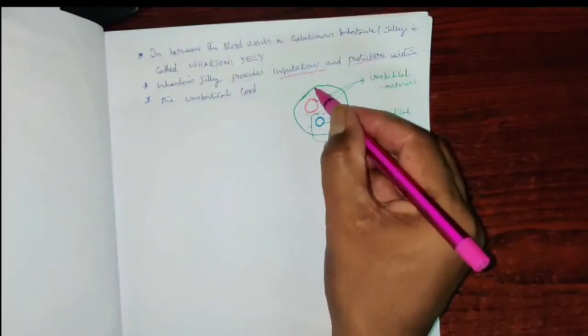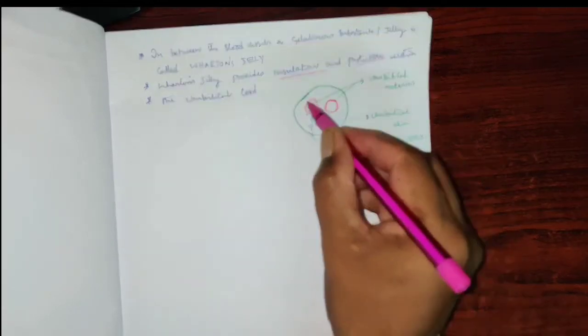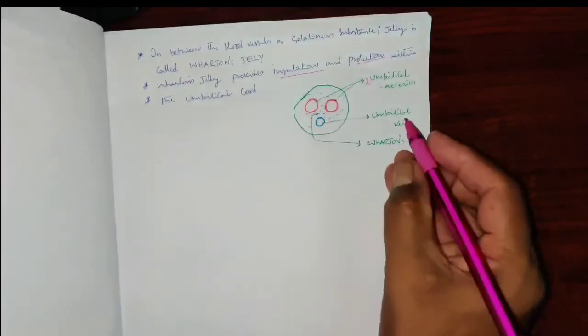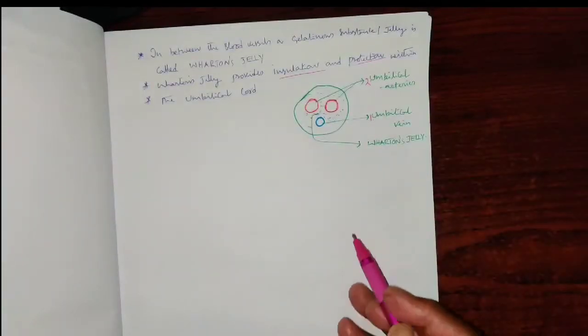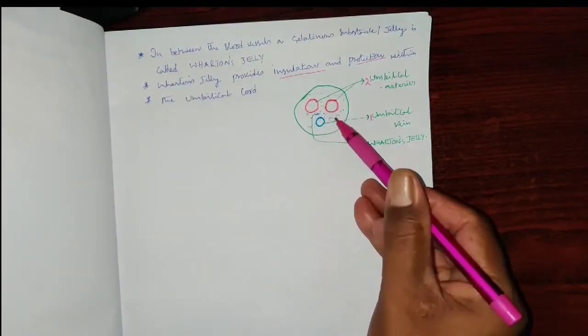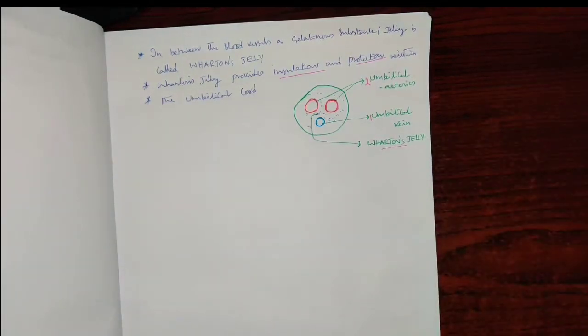So this is the diagram. These are two umbilical arteries and one umbilical vein, so total 3 blood vessels. In between these blood vessels there is a gelatinous substance called Wharton's jelly.